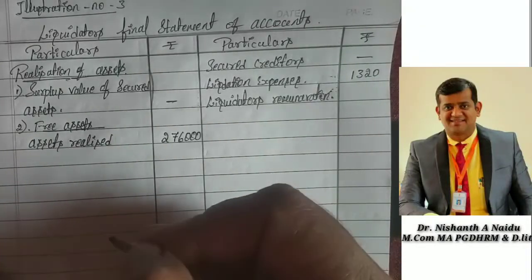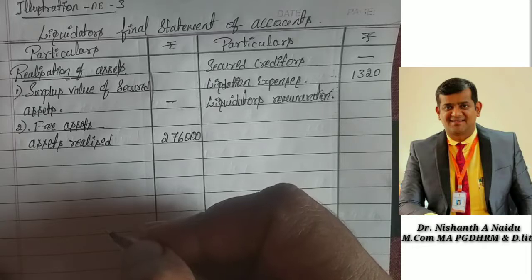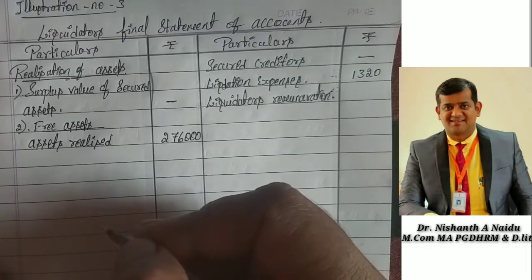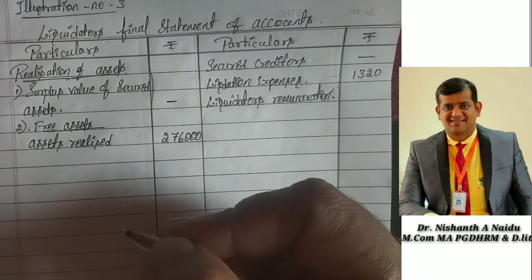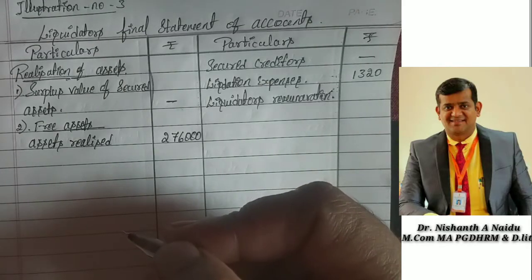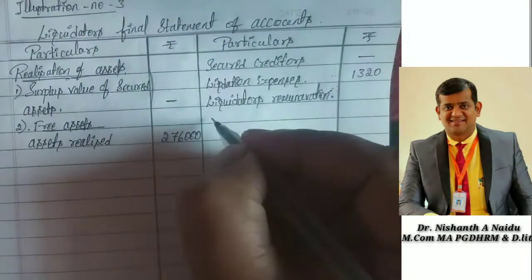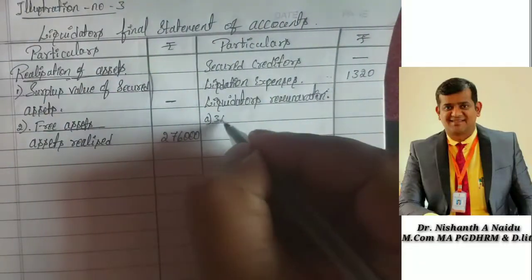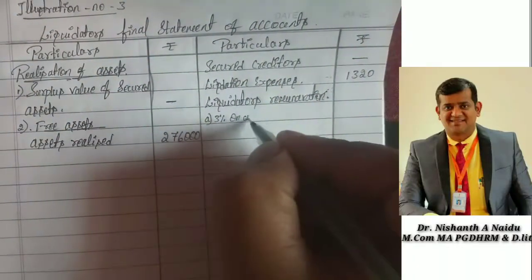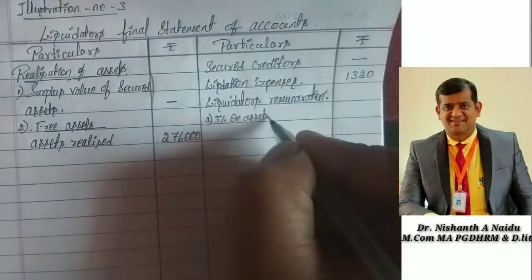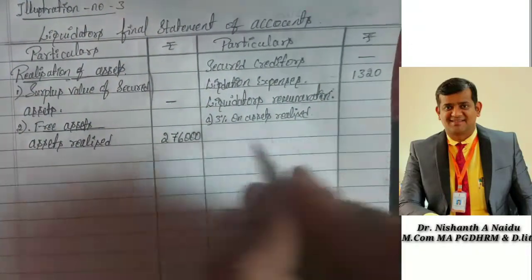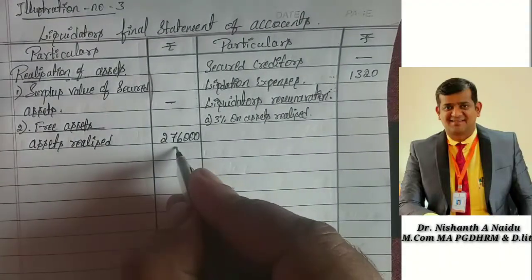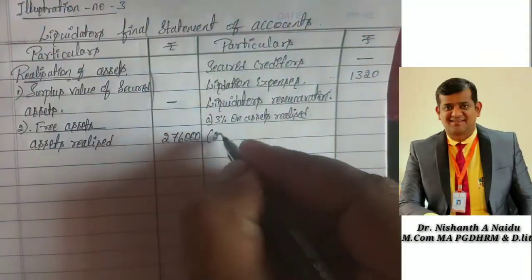Number one, liquidator's remuneration: 3% on assets realized. So directly he has said, correct. So I am writing 3% on assets realized. Here he has given assets realized as 2,76,000.